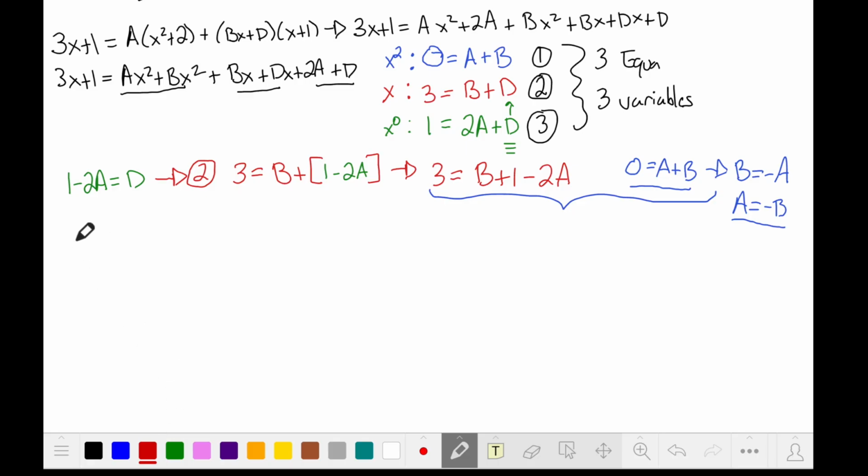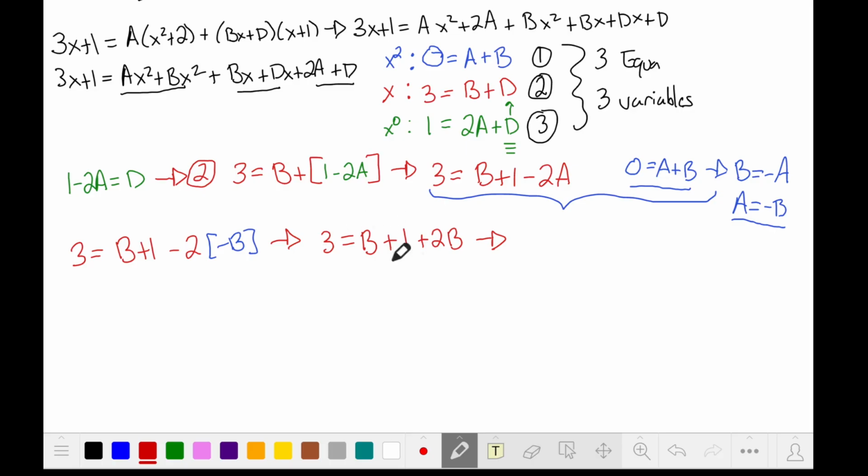So the red expression is 3 is equal to B plus 1 minus 2, and then wherever I see the A from the blue expression, I can substitute minus B. So from there, I'm going to have 3 is equal to B plus 1, and then minus 2 times minus B. Those two negatives are going to cancel out, and we get a plus 2B.